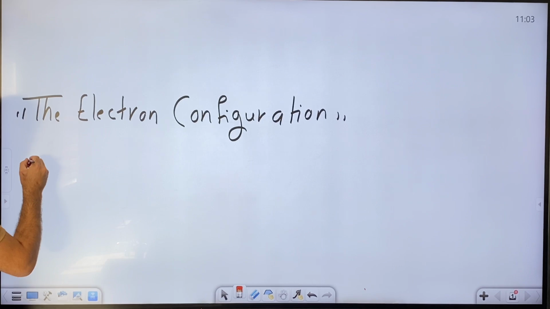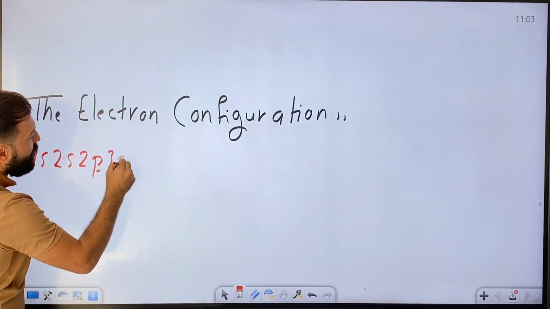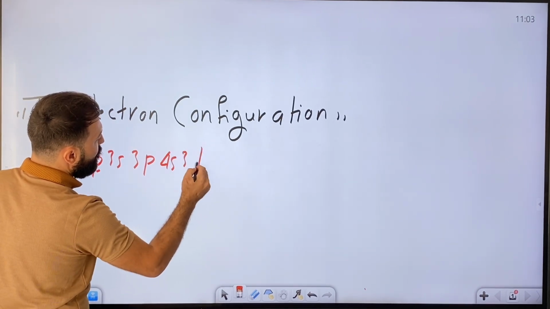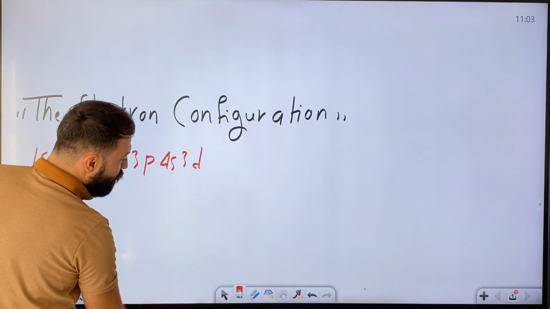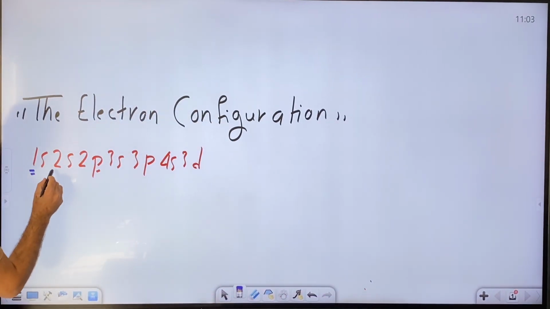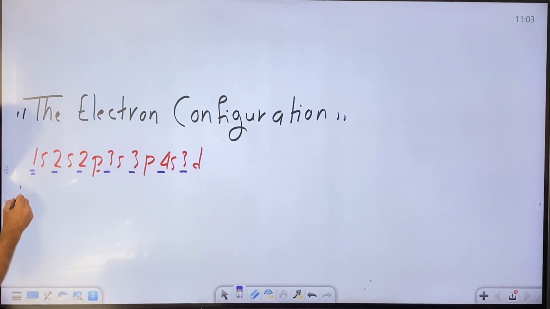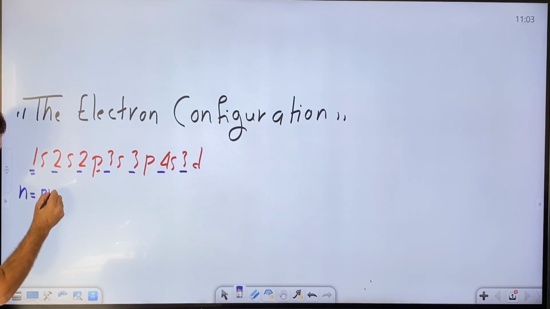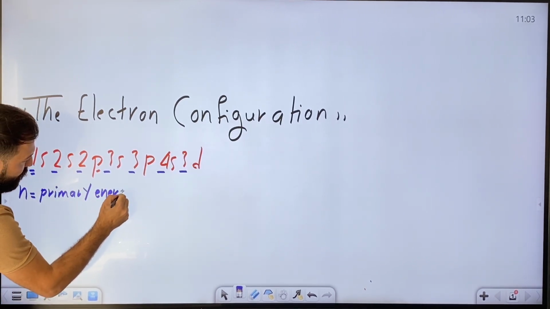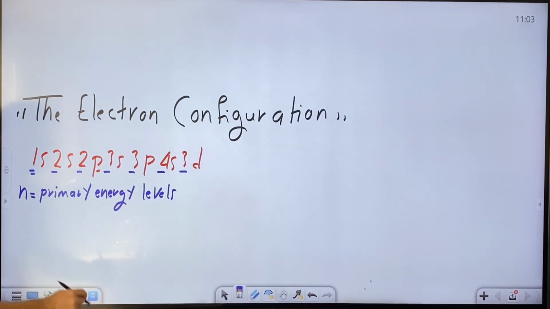The electron configuration is 1s, 2s, 2p, 3s, 3p, 4s, and 3d. You should know that the numbers represent the primary energy levels, n, which represent the shells or energy levels surrounding the nucleus.